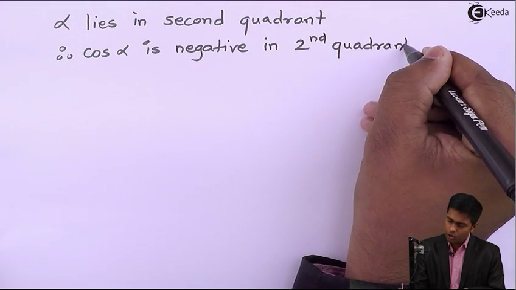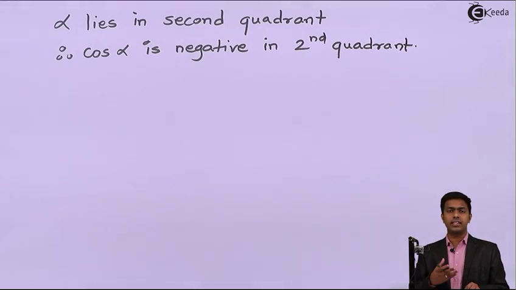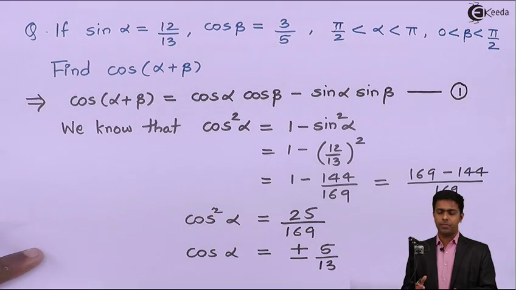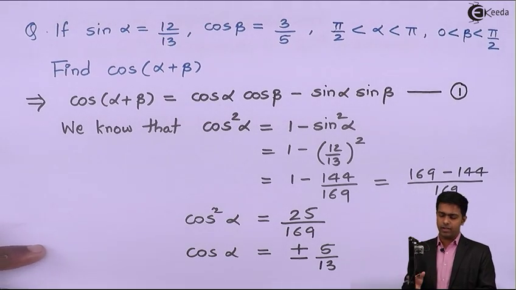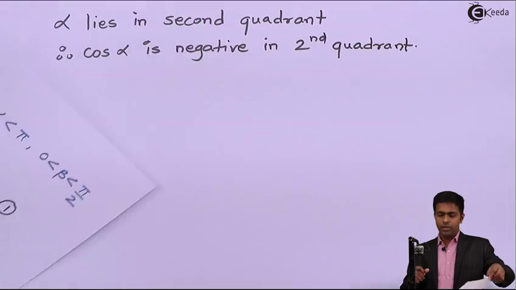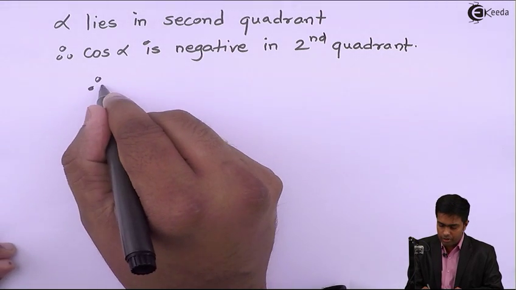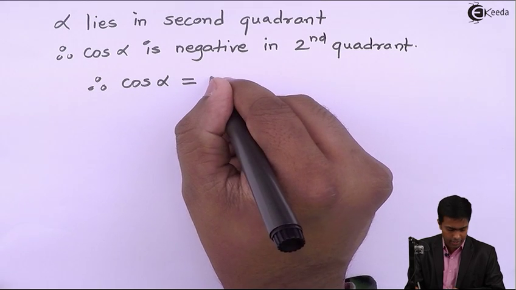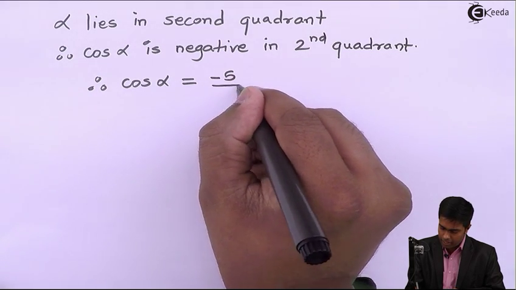Since cos alpha always gives a negative value in the second quadrant, here we will accept the negative value as the value of cos alpha. So the value of cos alpha would be minus 5 by 13.